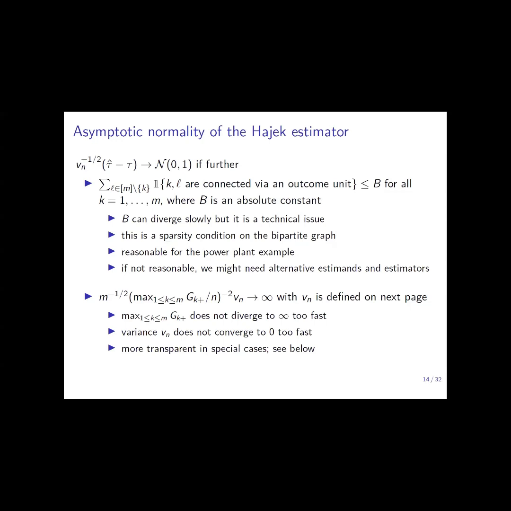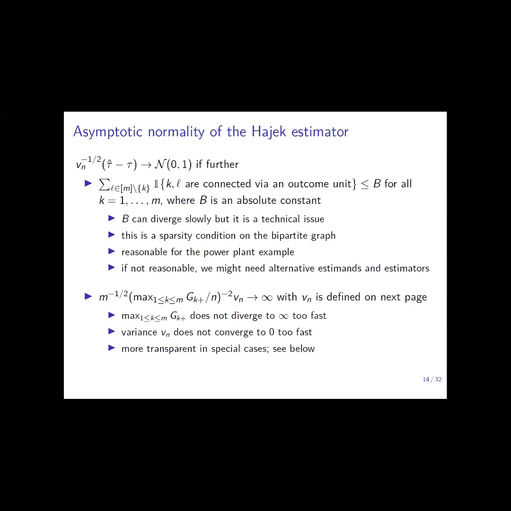There's no violation of this assumption. But if you worry about these sparsity assumptions on the graph, then it's very possible you cannot do anything with this parameter. This parameter is very non-parametric. You cannot do much without this sparsity assumption. You should modify your parameter of interest. I will talk about it later.